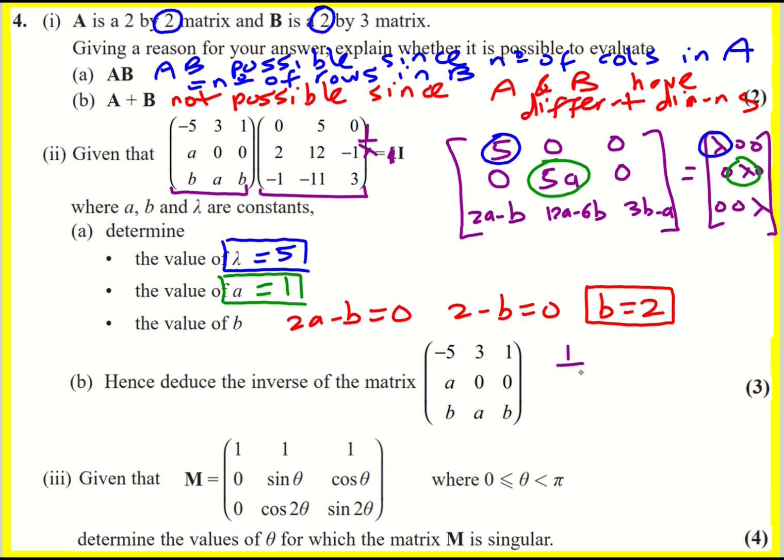Therefore, our inverse is going to be 1 over 5 multiplied by 0, 5, 0, 2, 12, minus 1, minus 1, minus 11, 3. Just leave it like that.